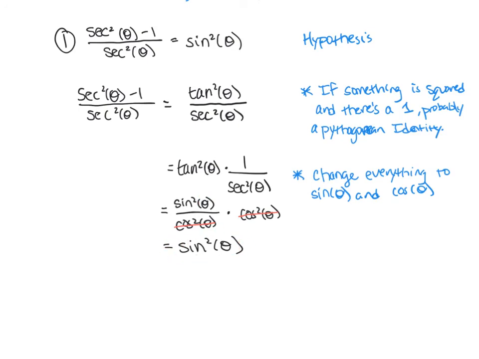But the way to celebrate is if we have a hypothesis, our proof, we now have to write a conclusion. So lastly, make sure you write a conclusion. And it's going to start with 3 little dots in a triangle formation. These 3 little dots mean therefore.